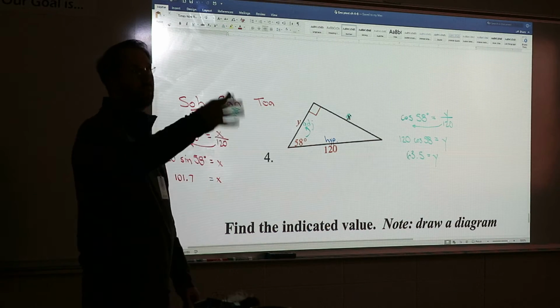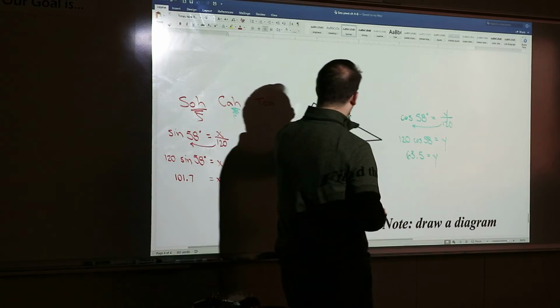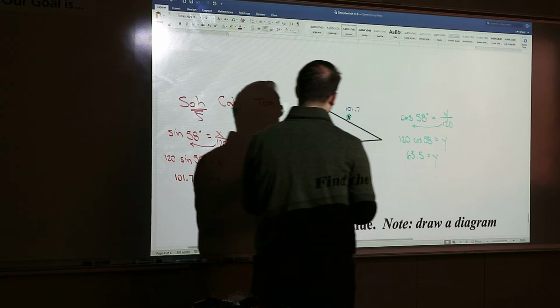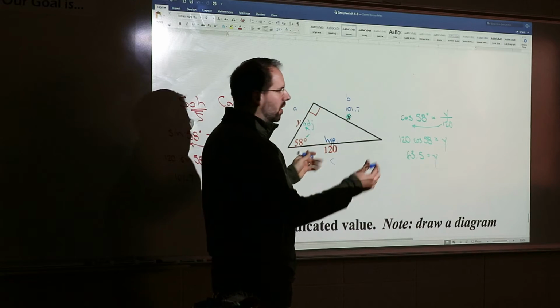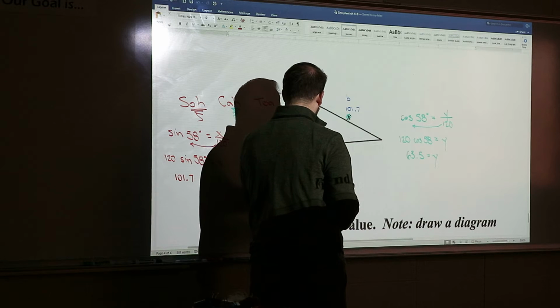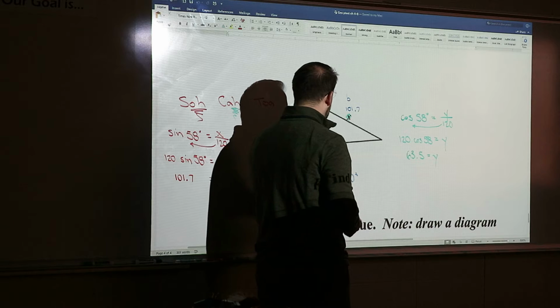Now, if you were the person that wanted the Pythagorean Theorem, we could have done that because we knew this was 101.7. This is A, this is B, this is C, because it is a right triangle. These are the legs. So y squared plus 101.7 squared equals the 120 squared. You'd have to square these.